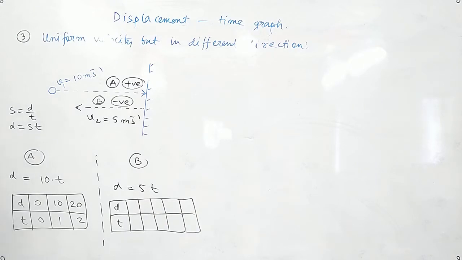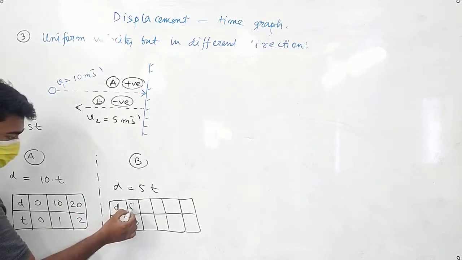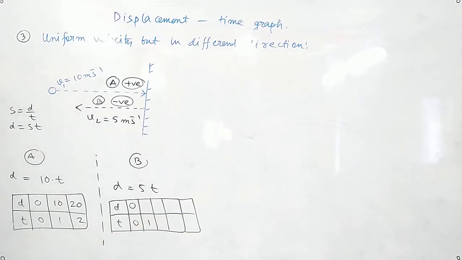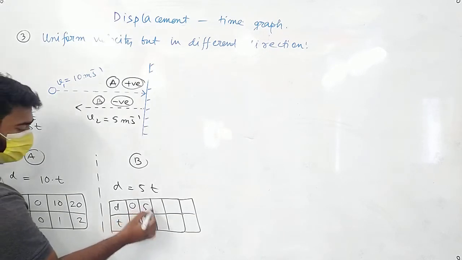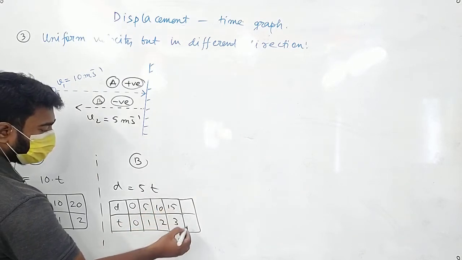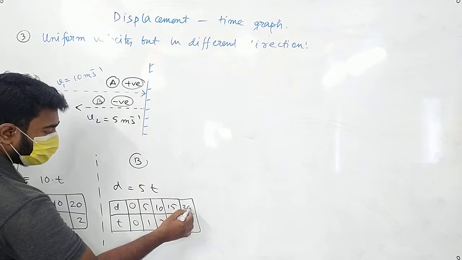Tell me, when the time is 0, what will be the distance? 0. When the time is 1 second, what will be the distance? 2, 3, 4. Done.